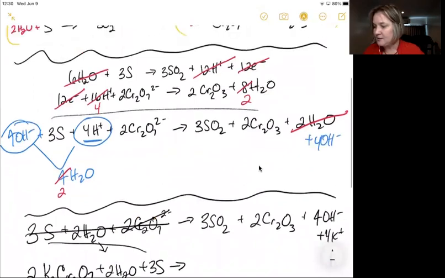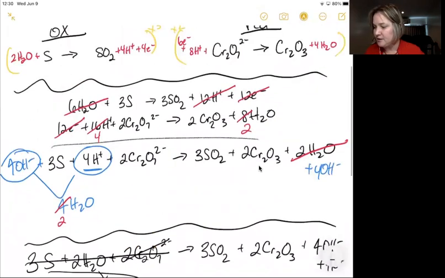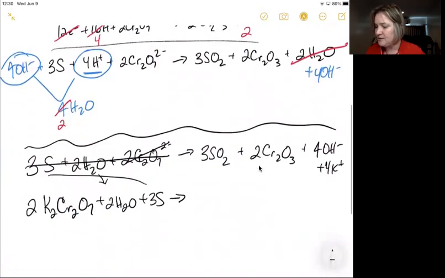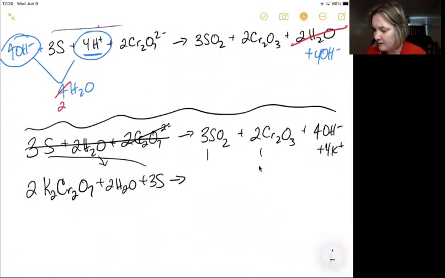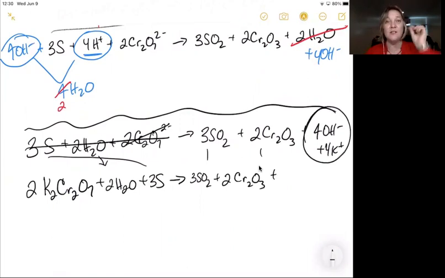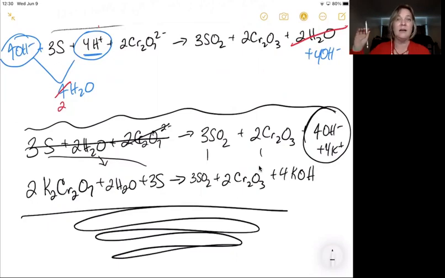I've got SO2, KOH, Cr2O3. SO2 and Cr2O3 already translate directly. And then look at that. Just like magic, there is a perfect number of potassium to combine with the perfect number of hydroxide to make 4 KOH for your final answer.